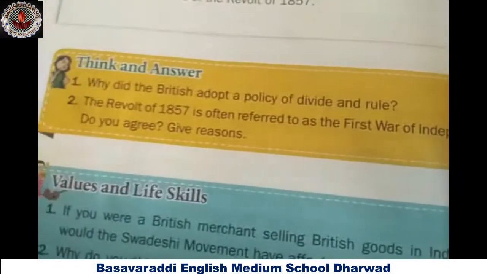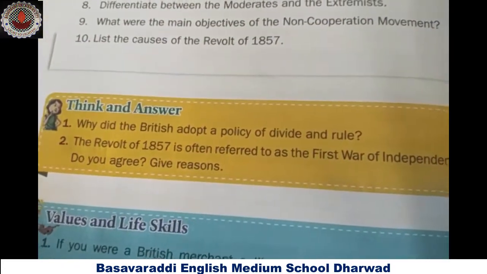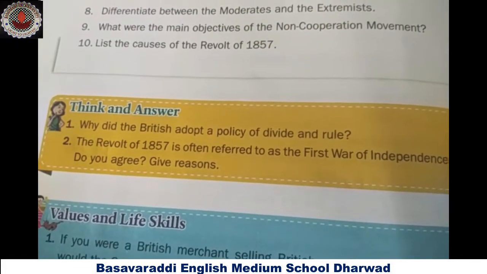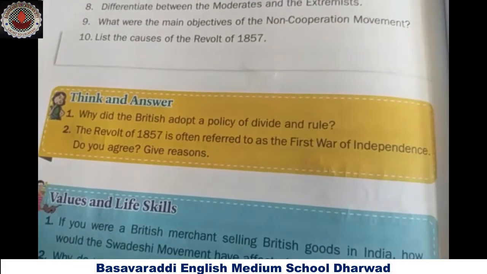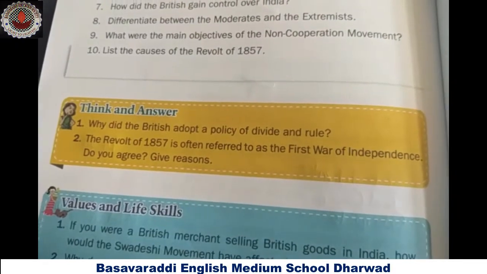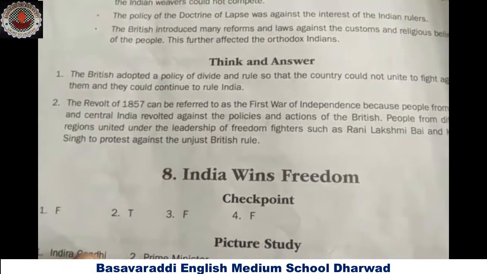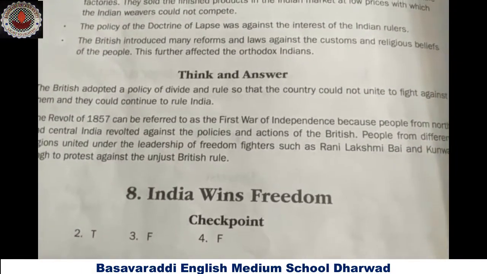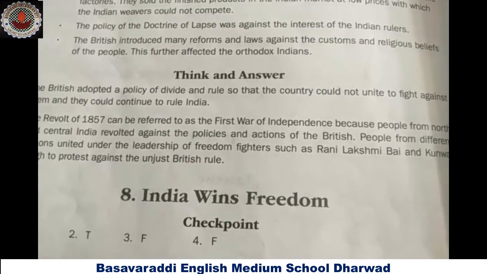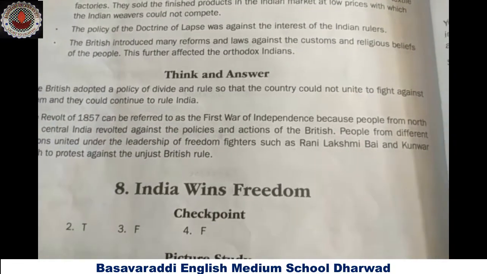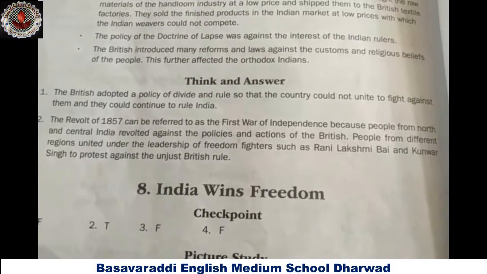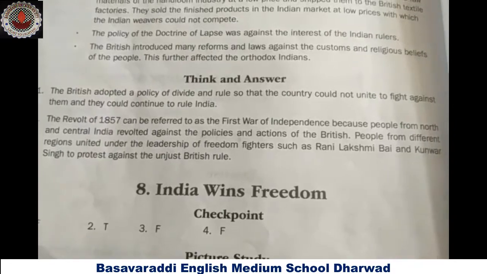The second question: the revolt of 1857 is often referred to as the first war of independence. Do you agree? Give reasons. The revolt of 1857 can be referred to as the first war of independence because people from North and Central India revolted against the policies and actions of the British.